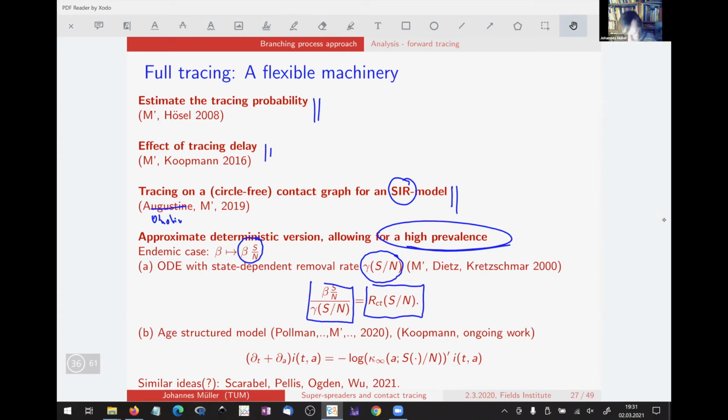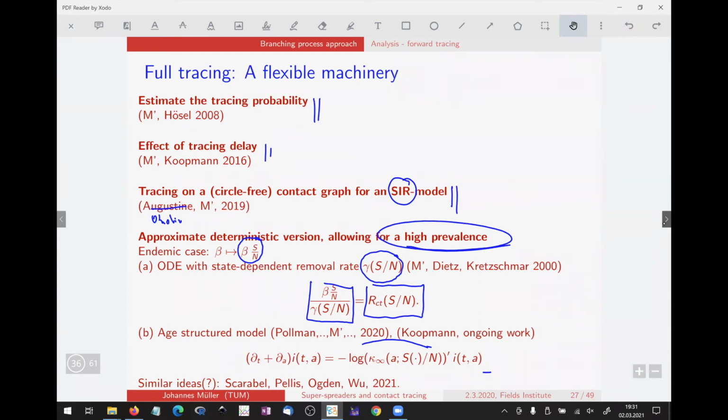The second idea is to look at an age-structured model, where of course we use the hazard rate that we get from our analysis to describe the removal rate of this age-structured model. Again, age since infection, time since infection. And I think the group of Zhanhong Wu is working in that direction. At least that's how I understand. So I would like to understand similarities and dissimilarities in this point.